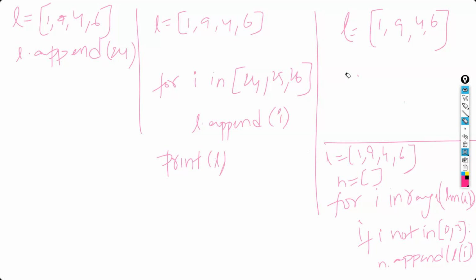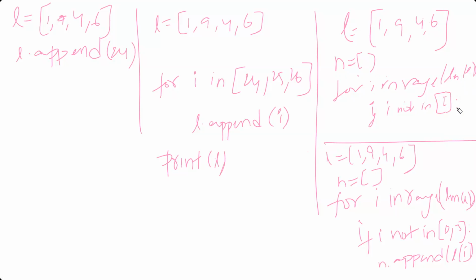Now tell me, what is the answer? n is equal to an empty list, for i in range of length of L. So if i not in list of, what is the number I want not to append? That is 4, which is index 2. And remaining everything I want to append.